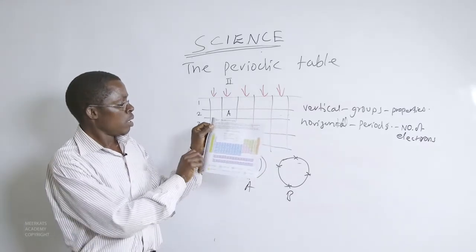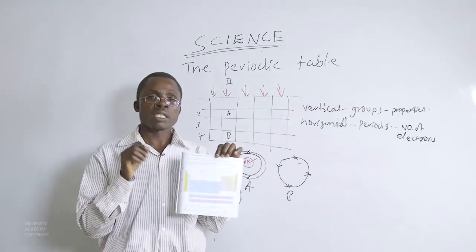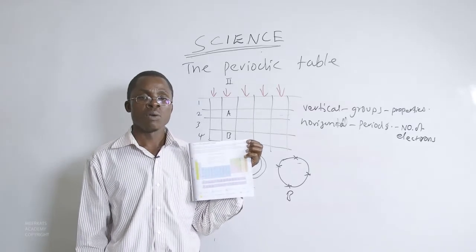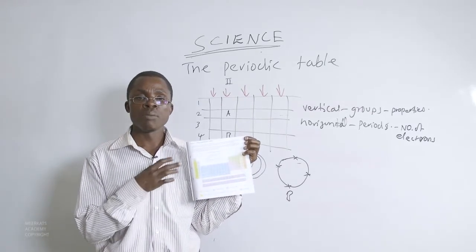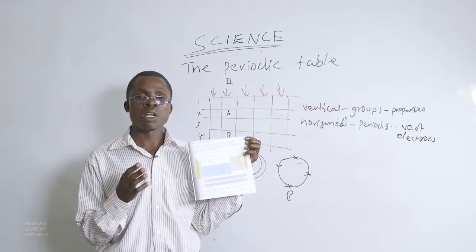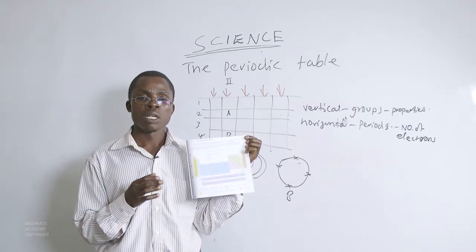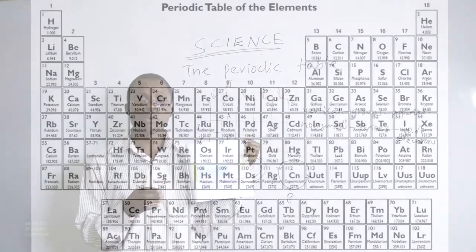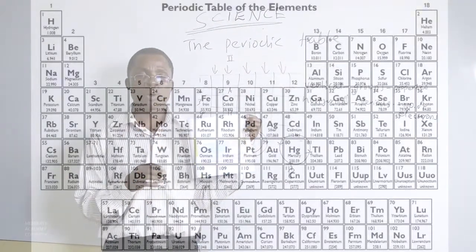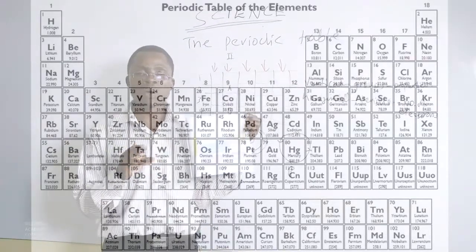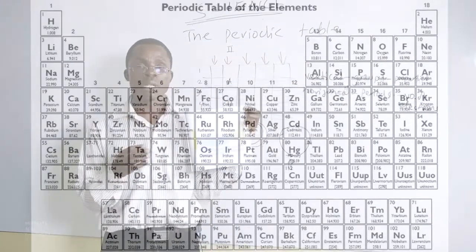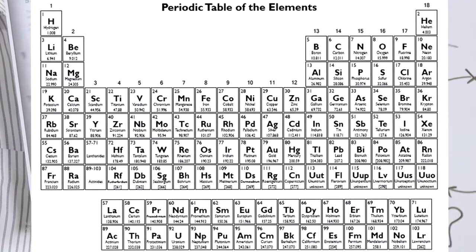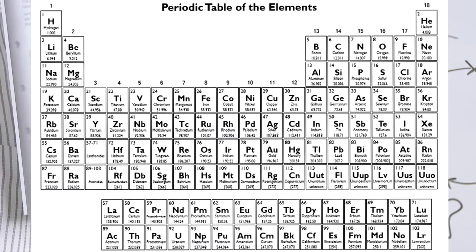So at present, this is the periodic table we have, which has so many elements in it. You remember in our previous lessons, there's a lesson where I indicated the number of the elements that exist. But out of that, 92 are the ones that can naturally be found. The others, as you can see, we are talking about so many elements.